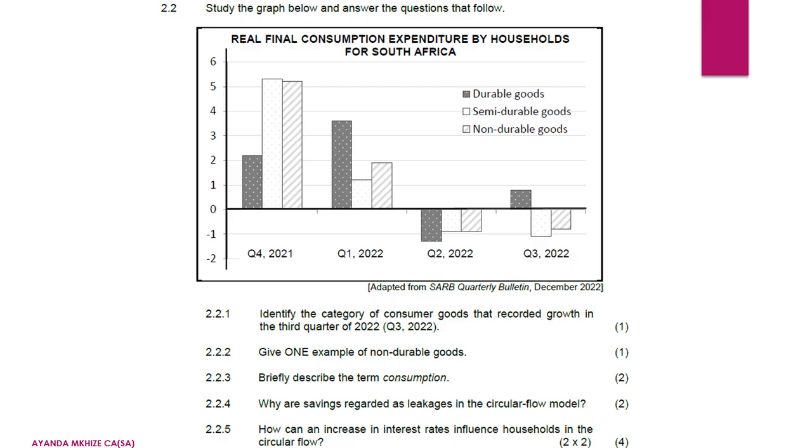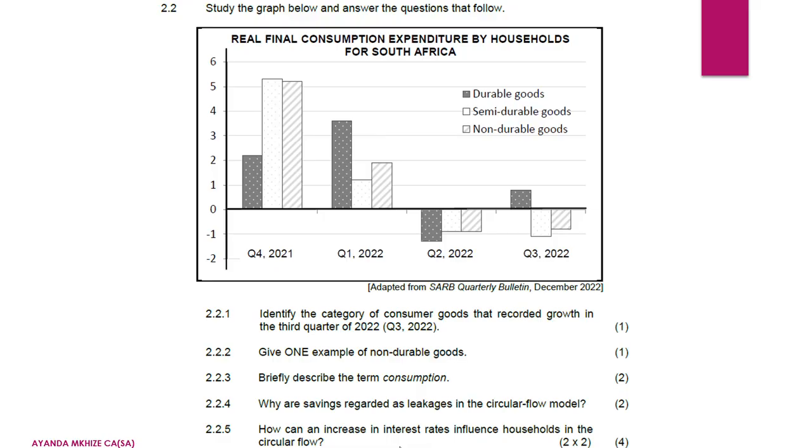An increase in the interest rates can influence household in the circular flow of income by making borrowing more expensive and encouraging savings and potential reduced spending, which can lead to a decrease in household demand, affecting the overall economy.